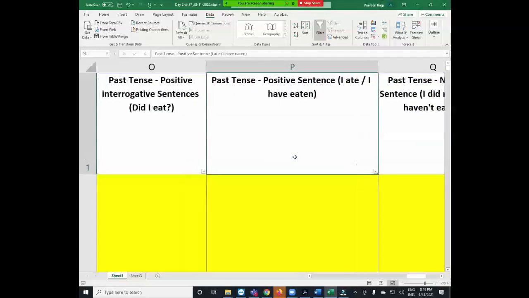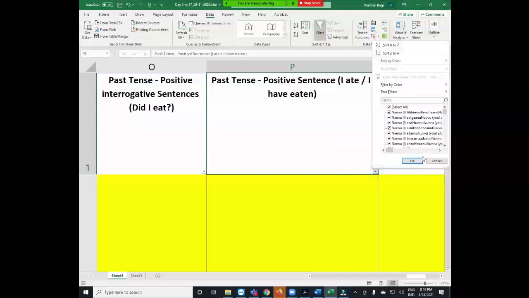If you come to this part, for example, we took the past tense positive sentence: I ate, I have eaten, like this. There are some other verbs also which fall in the same category, that are available in the verb conjugation tables template. Again you can come here and try to filter.